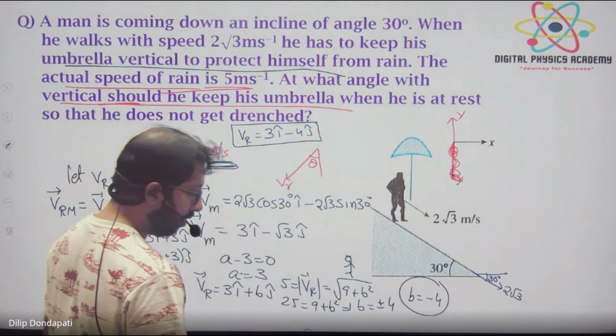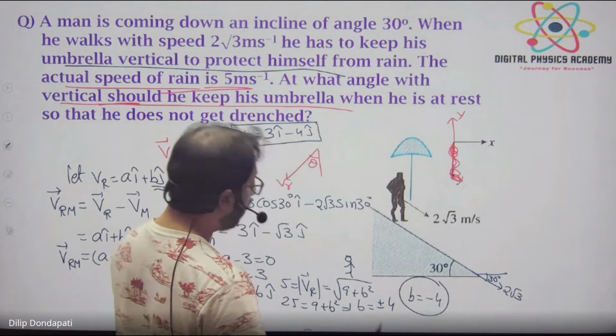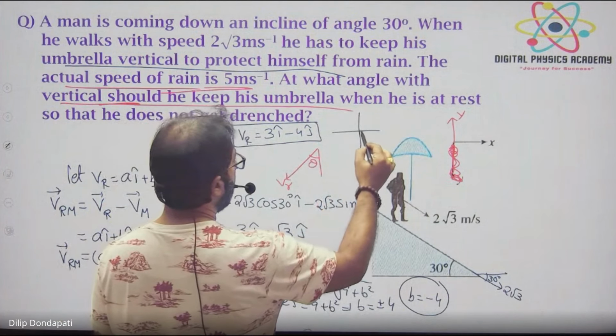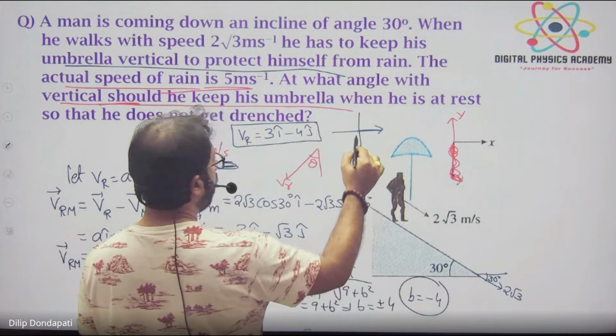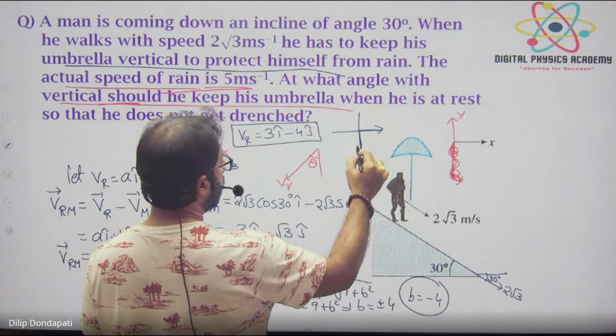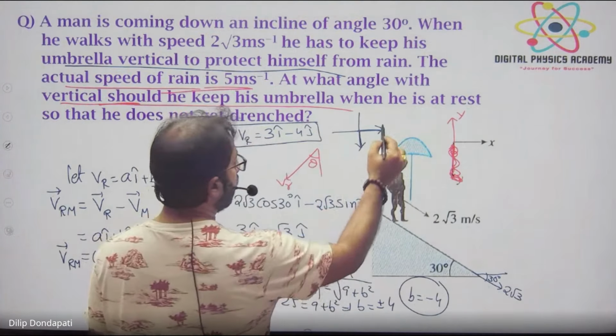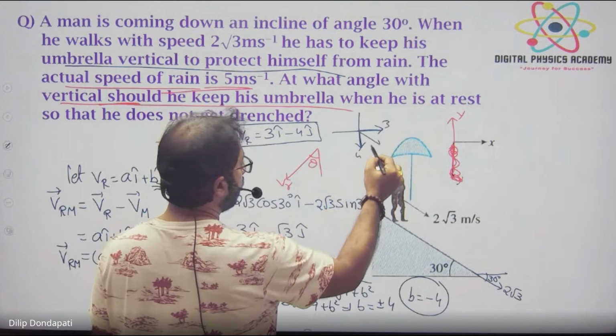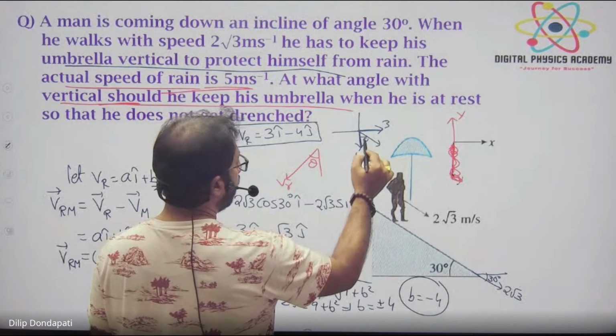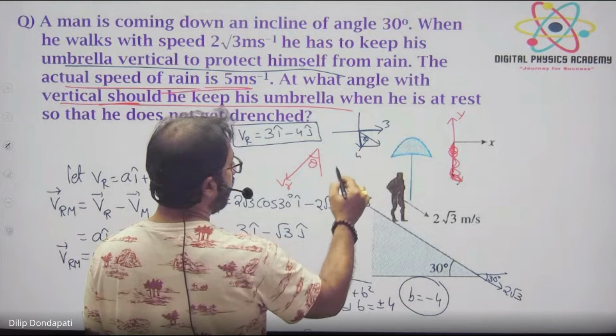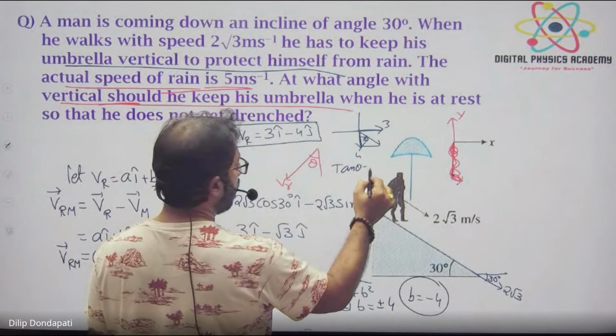Tan theta is 3/4. On this axis we have 3i cap and minus 4j cap, right? So the resultant is this one, and the angle is theta. Tan theta is opposite by adjacent, 3/4.